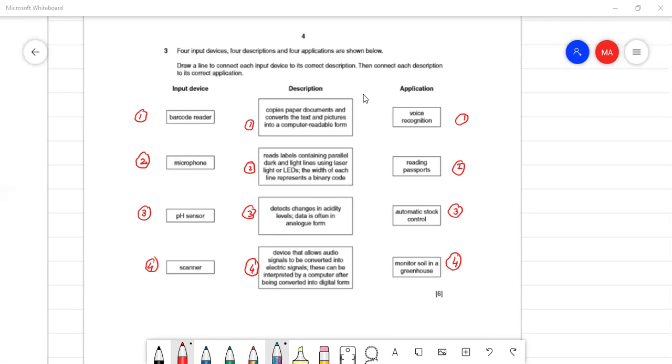Second description, yes. Obviously the barcode is basically like this, with varying thickness, so vertical bar lines.